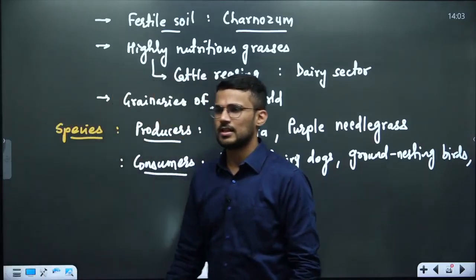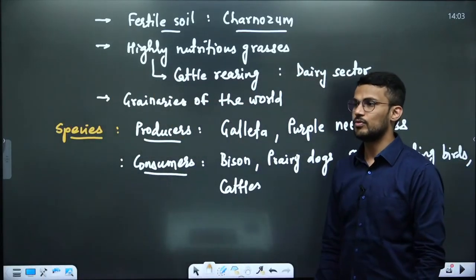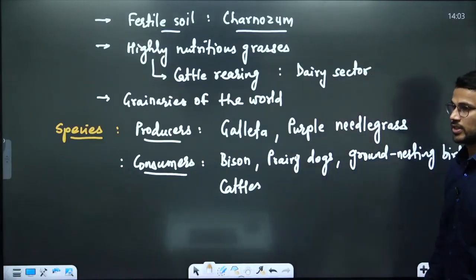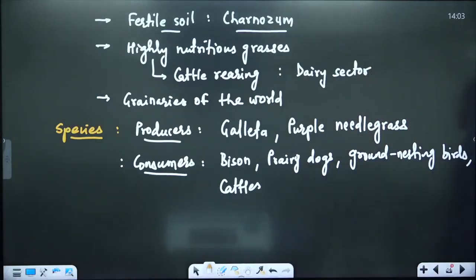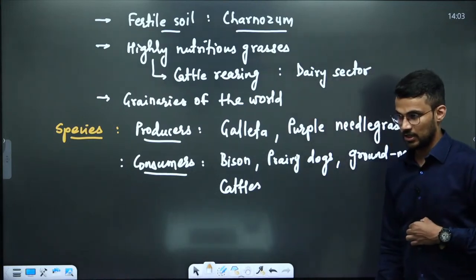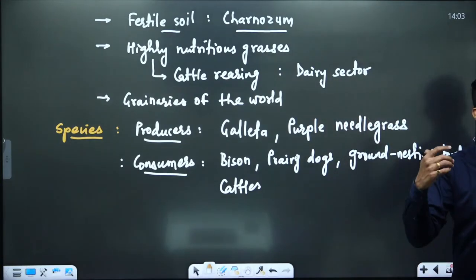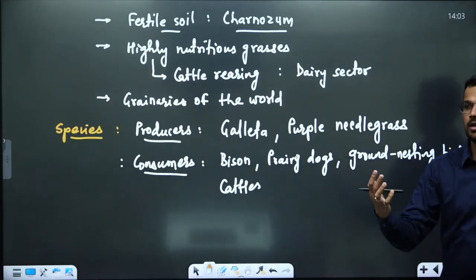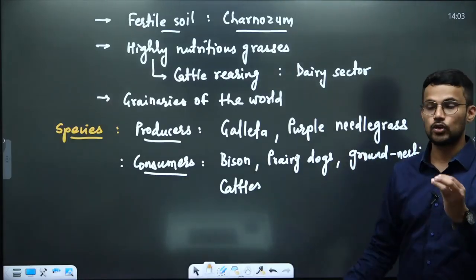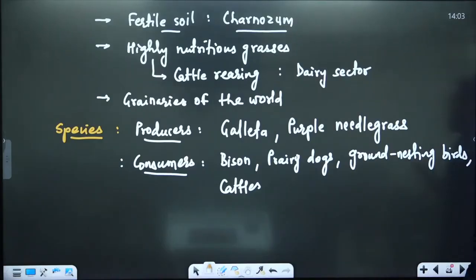Those birds are relatively heavy, right? Relatively heavy, and that's why they are ground nesting. For example, in India we have the Great Indian Bustard. The Great Indian Bustard is also ground nesting, right? And that's why their eggs are often damaged by dogs, and that's why we have a declining population of bustards.